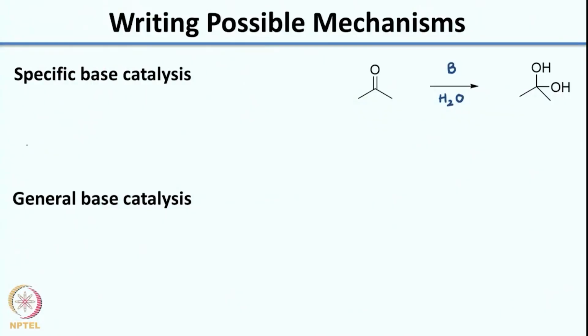So, in specific base catalysis, let us see if you have this correctly. So, I have my acetone, right, and now what is the base that you have in your specific base? It is OH minus. So, you have OH minus. OH minus will add in. So, what will you get? This will be fast.